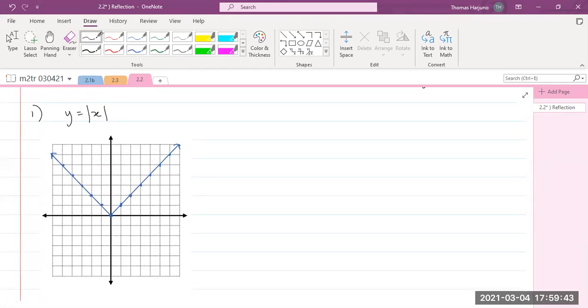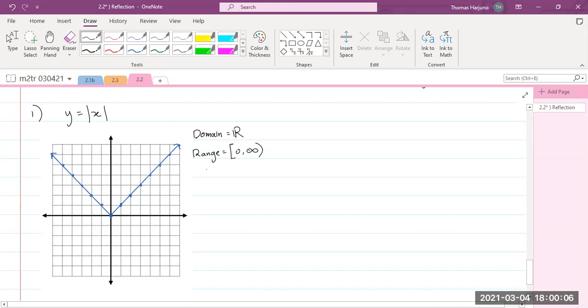Now from here we see that the domain is all real numbers. You can plug in any real number into x, and the range will be from 0 to positive infinity.